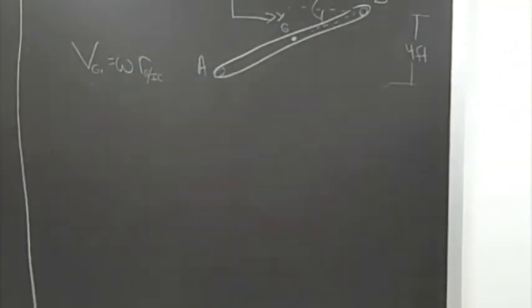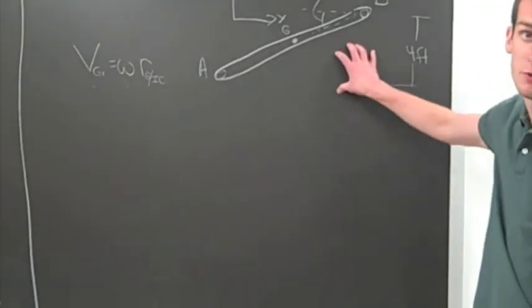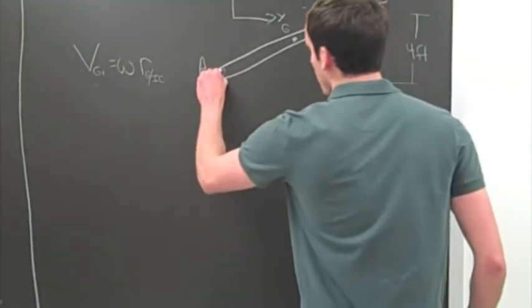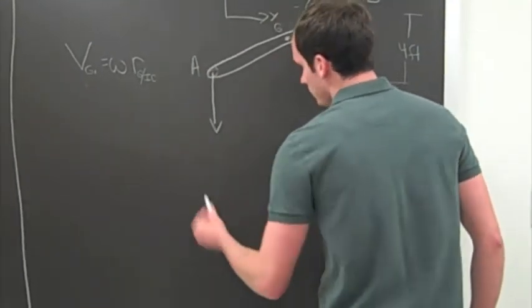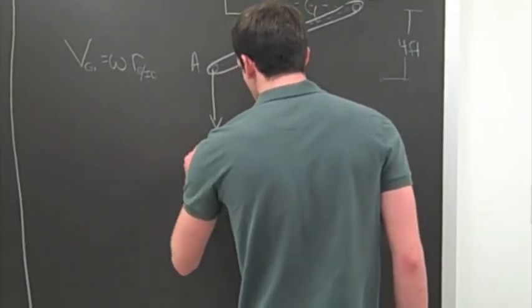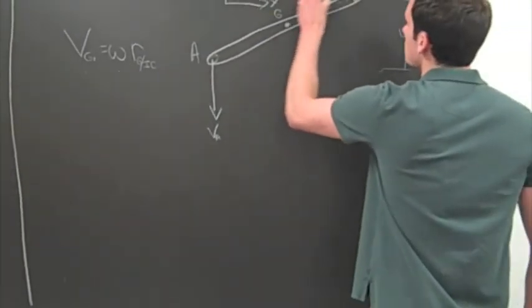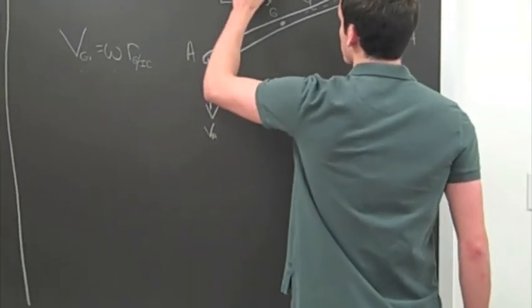Another thing to remember is that A and B are running on tracks, which means B can only move to the left and A can only move down. So we can say the velocity of A is in the negative vertical direction, and the velocity of B is in the negative x direction.